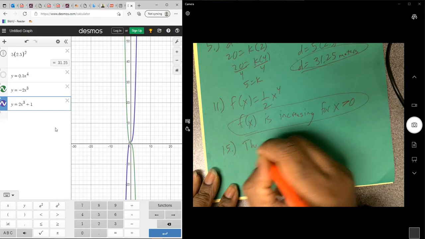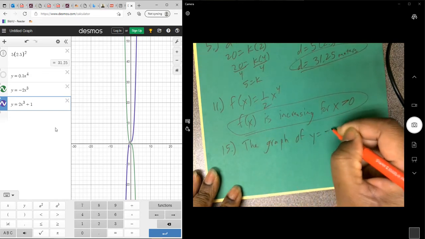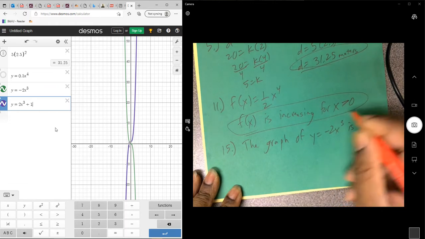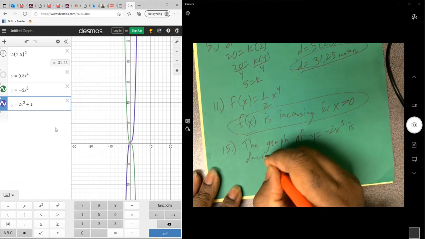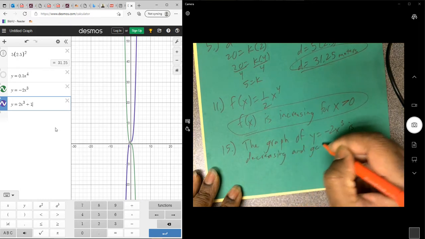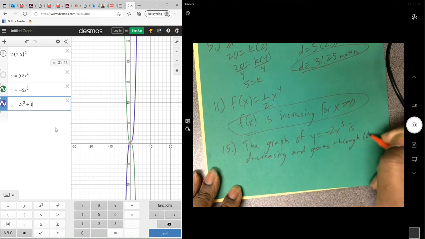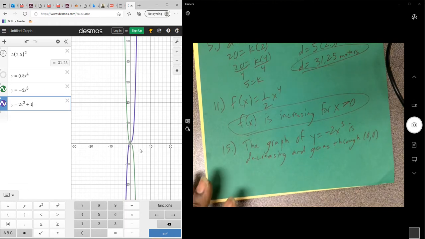So we could say the graph of y equals negative 2x cubed is decreasing and goes through 0, 0. Now remember, we read the graph from left to right, and if you notice here, as our x values increase, the y values go down. So it's decreasing. And it also goes through 0, 0, through the origin.